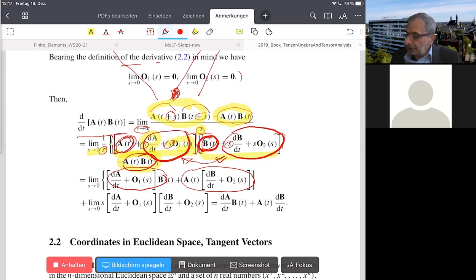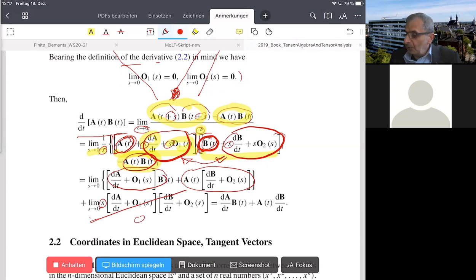In the first case s disappears, and in the second, instead of s square, we have s. So we have a sum of two limits, and the second limit disappears because we have s as a factor and s tends to 0. This is 0, right? And in the first limit, what happens then?